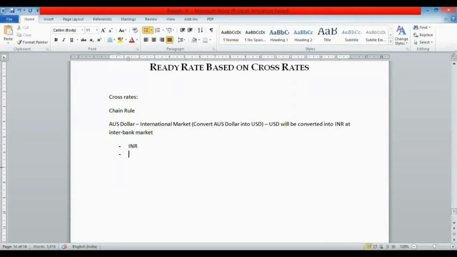So in this way, we can say that we are making use of three currencies: INR, then USD, which is a foreign currency, and then one more foreign currency, which can be any foreign currency except USD. So we can name it as other foreign currency.